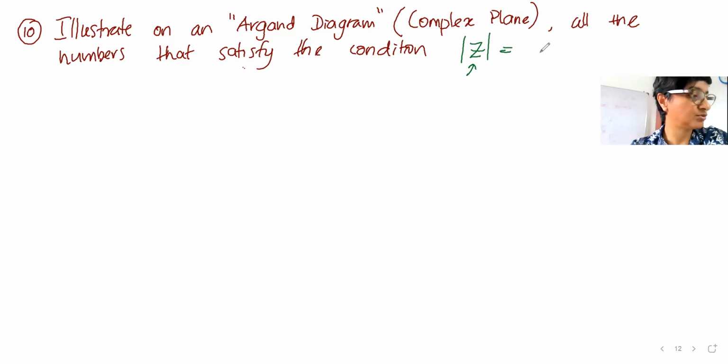equals 3. It's like asking, if there is a group of people, show me all the people whose height is 4 feet, no, 3 feet. What's the average? 3 feet should be okay, I think.